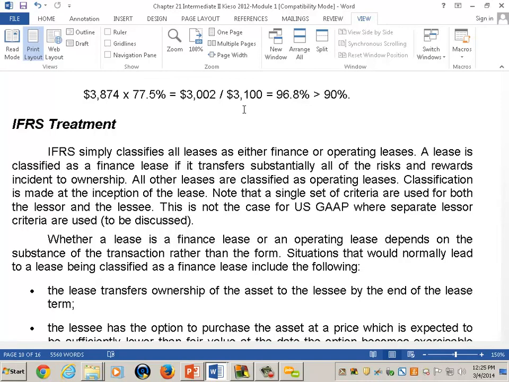Now, let's make sure we put this in perspective once again. When we look at US GAAP, we think of them as rules or bright lines, and IFRS as principles.